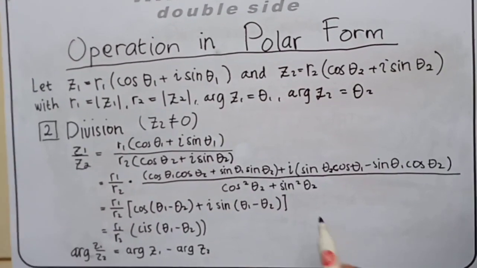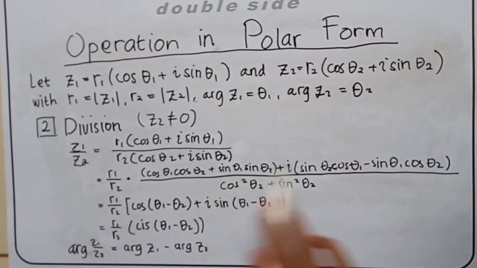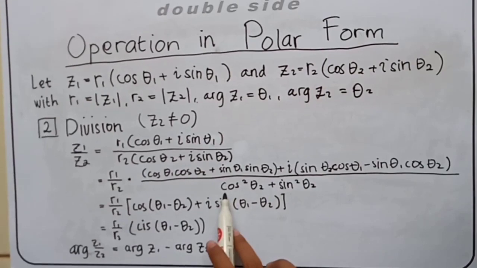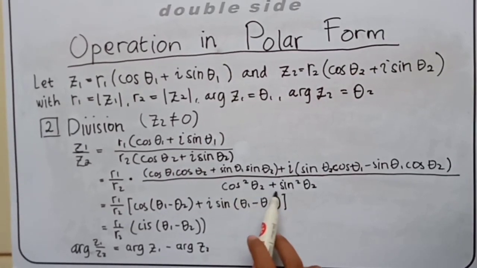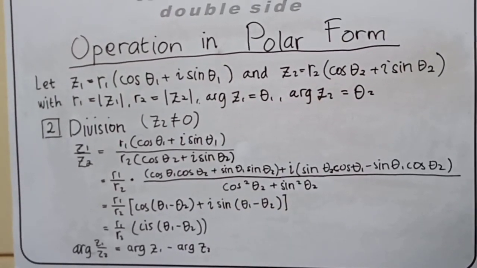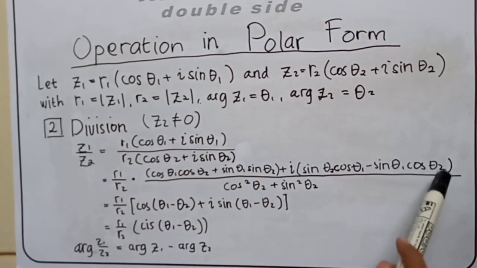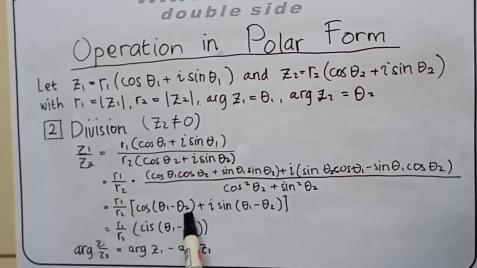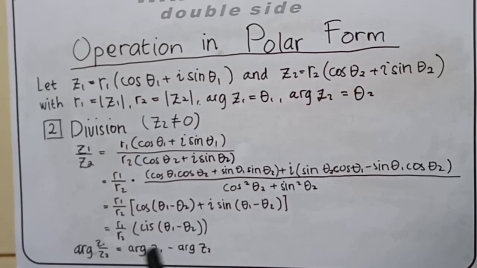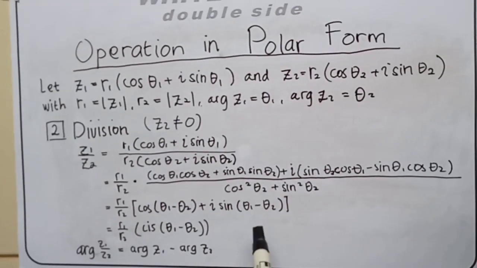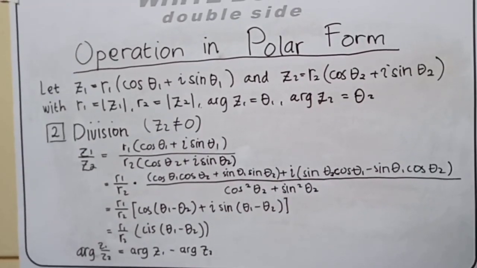After we get this one, the denominator will be cos square theta 2 plus sin square theta 2, and we change these forms using the properties of addition and subtraction in trigonometry.